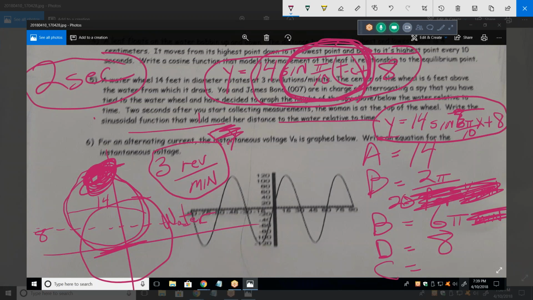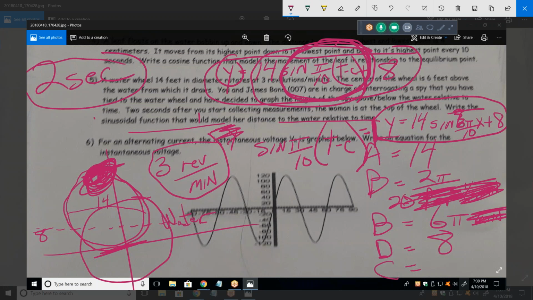So 1 is the maximum that a sine function can ever be. -1 is the smallest that it can ever be. So I'm going to set the sine of pi over 10 times t minus c to be equal to 1.